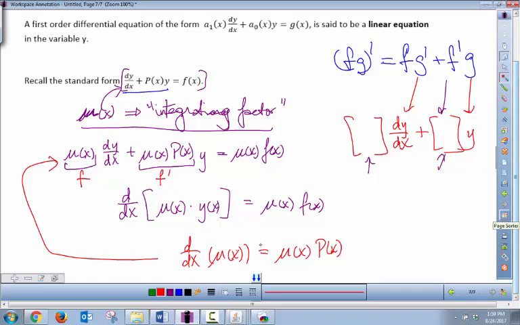Why don't we bring, it's separable, right? So why don't I rewrite this?